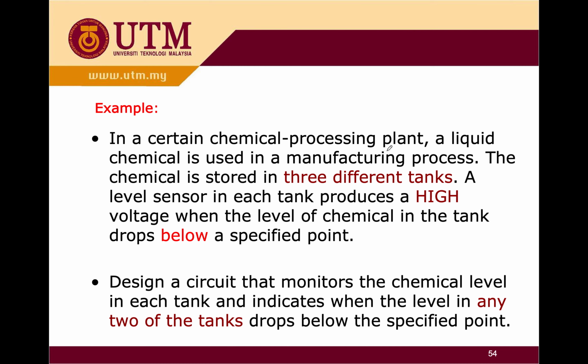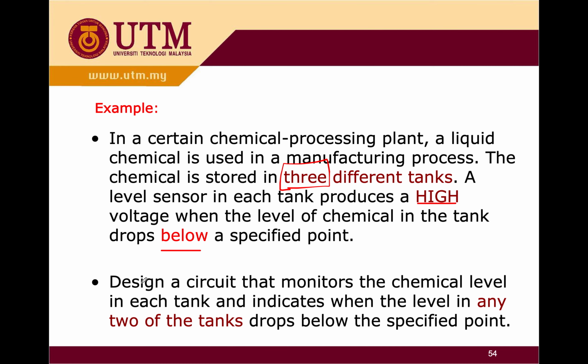The chemical is stored in 3 different tanks. You can see that there is information about the inputs or outputs. It depends, but you need to understand whether these are inputs or outputs. A level sensor in each tank provides a high voltage when the level of chemical in the tank drops below a specific point.